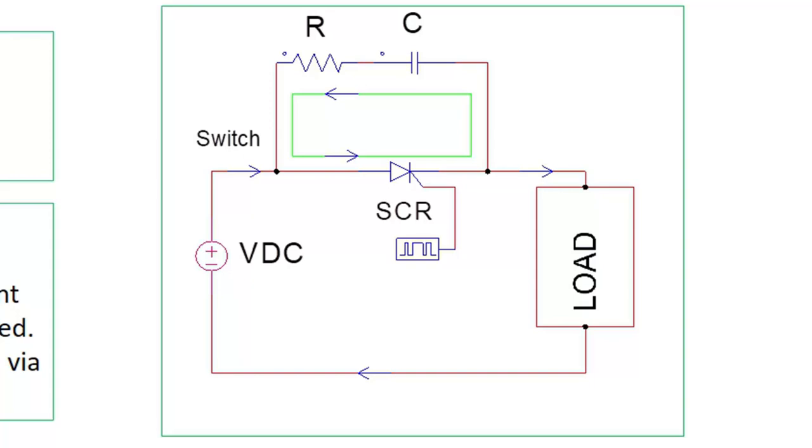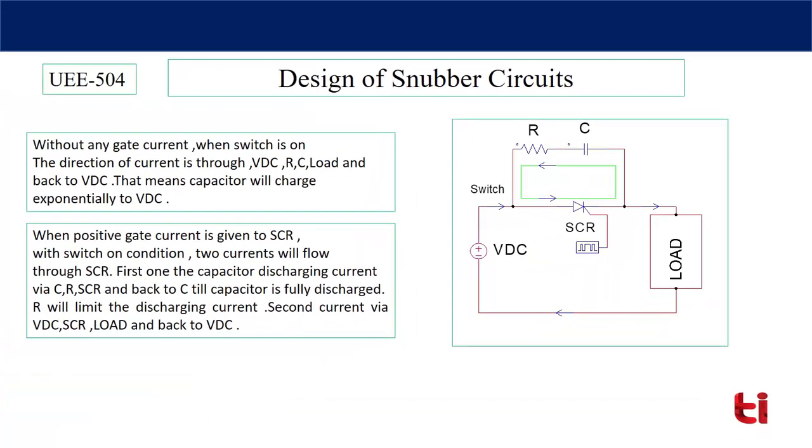Then through SCR there will be two currents. The first current is VDC, SCR, load and back to VDC, and the second current is the discharging current of the capacitor, through RC, SCR and back to C, till the capacitor is completely discharged. So based on this, we have to protect our SCR from high dV/dt and high dI/dt.